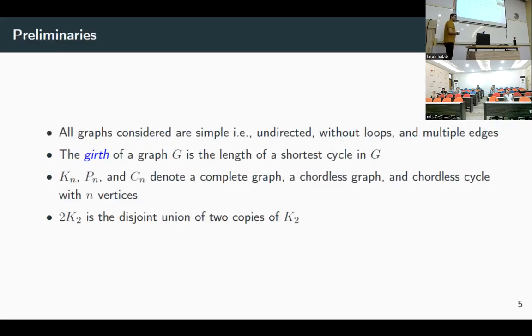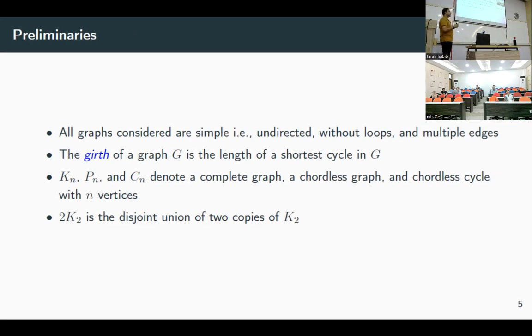So some preliminaries. All the graphs that I would consider in this talk and also in the paper are simple graphs. That is, they are undirected graphs, without loops and other things. We define the girth of a graph G as the length of the shortest cycle in the graph G. So if I can find a cycle, the length of the shortest cycle is the girth of the graph.